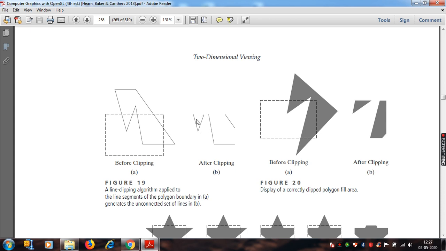You can see this object is not a polygon because it is not closed. Again, this is a line segment, not necessarily a polygon. So the output is not a polygon, and that is the reason we cannot apply the line segment algorithm. We have to come up with better techniques.